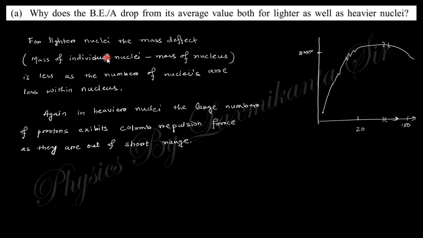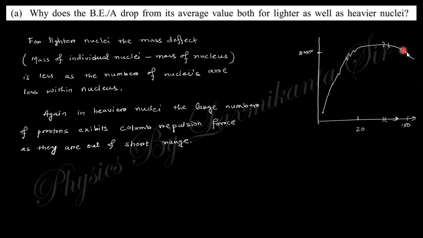Energy equals mass defect times c squared, where c is the speed of light. From Einstein's relativity theory, you know the energy can be obtained from mass with the relation E equals mc squared. So the mass defect is lower for lighter nuclei, and that's why the binding energy is less.